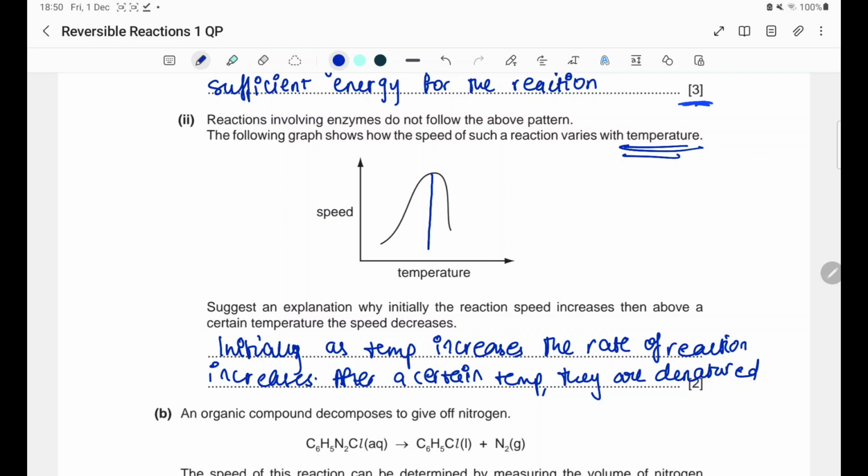So initially, as temperature increases, the rate of reaction increases. After a certain temperature, they are denatured. So your first mark is to say that reaction is faster when temperature increases. And your second mark is for mentioning that they are denatured.